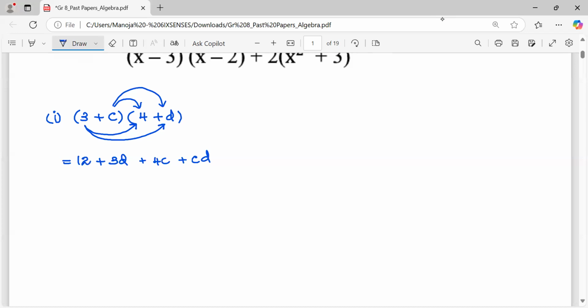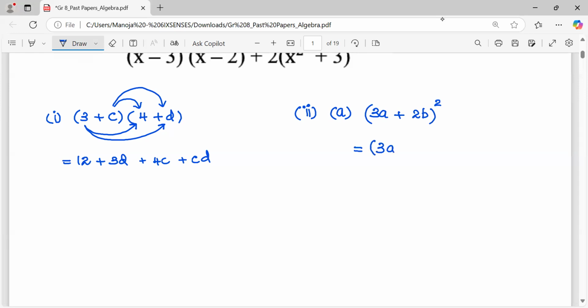Then we will move on. You go down, or if you have space, you can use this space. You put the question number, and there you have part a. In part a, they have mentioned 3a plus 2b all to the power 2. When you have something like this, what do you want to do?